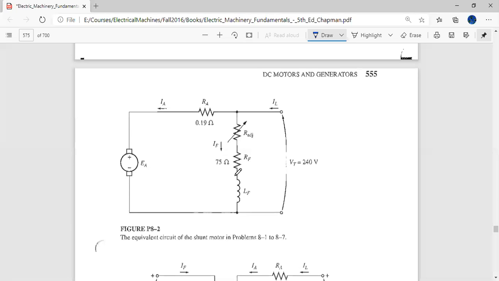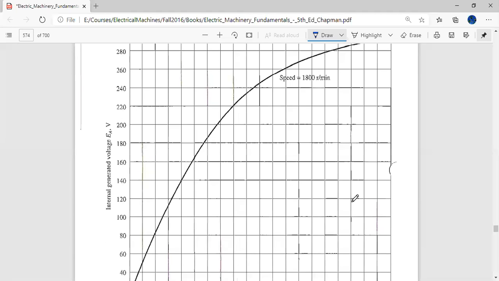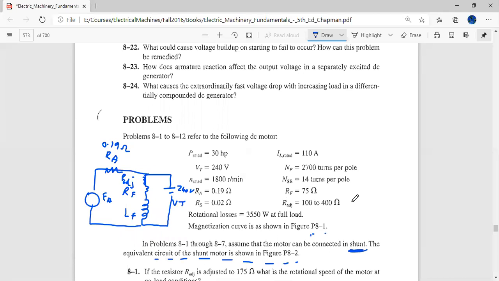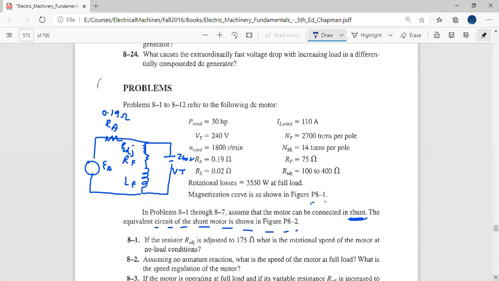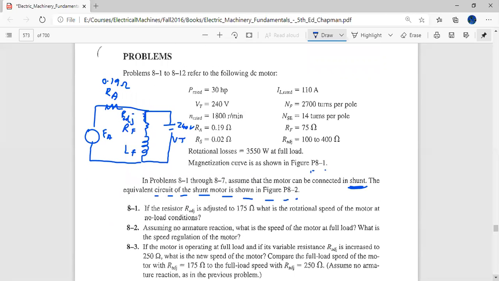So we have drawn the circuit correctly. If the resistor R adjustable is adjusted to 175 ohms, what is the rotational speed of the motor at no load condition? This is not a series motor, so you can drive this motor in the unloaded condition.